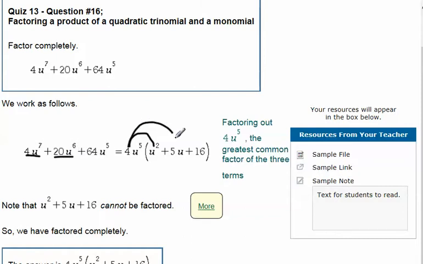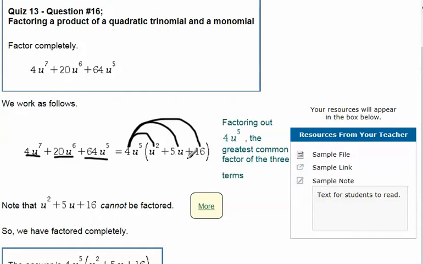Well, that will be 5u. 4 times 5 is 20. U to the 5th times u is u to the 6th. Now we need to know, what do we multiply 4u to the 5th by to get 64u to the 5th? Well, that's just 16 because the u to the 5th is taken care of. 4 times 16 is 64.